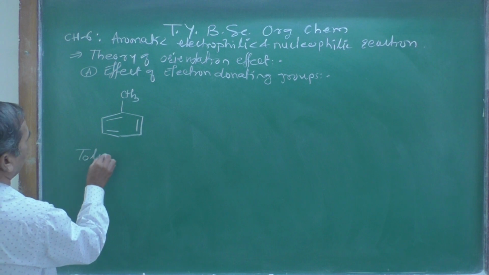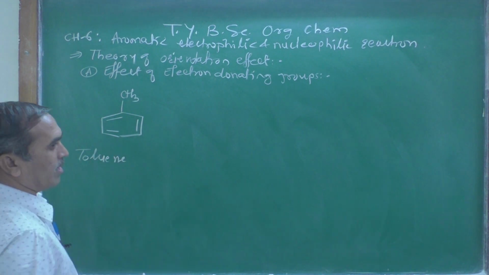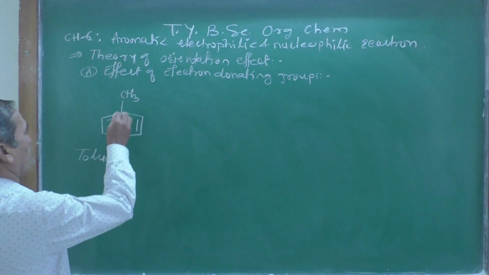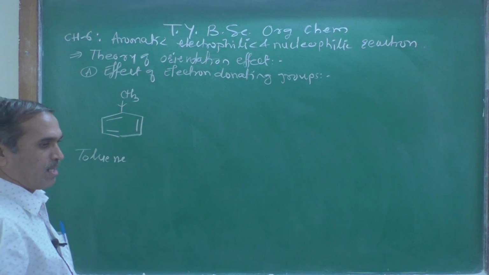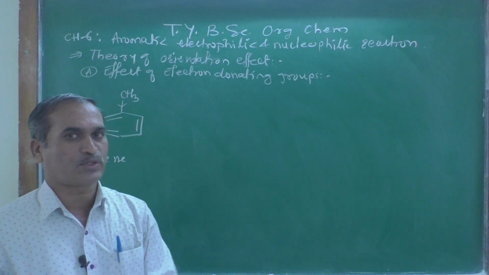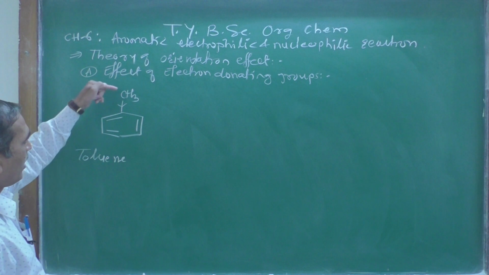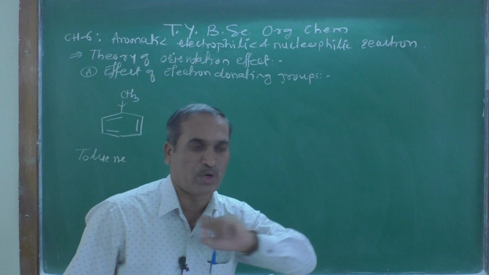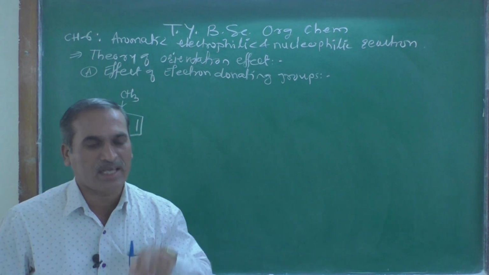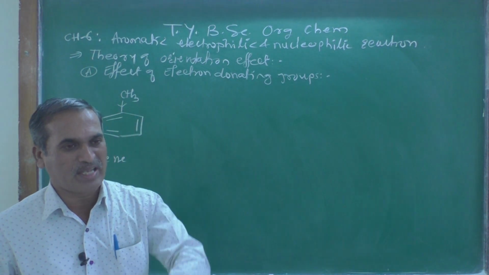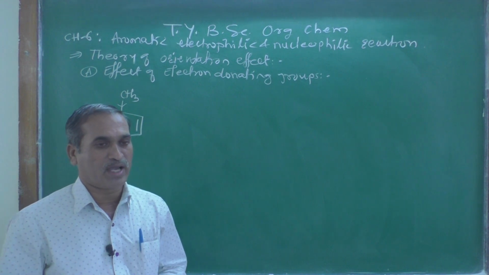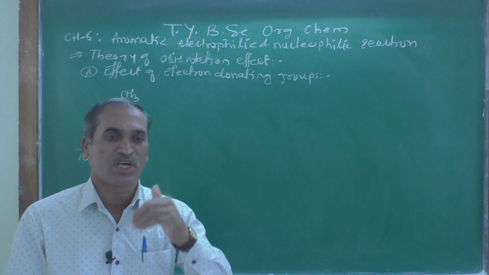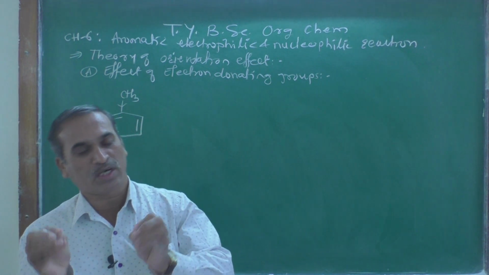This is a monosubstituted benzene, and the alkyl group attached to this benzene ring is an electron donating group, means it releases the electron to the benzene ring, and that's why the reactivity of that benzene is greater as compared to the normal benzene.